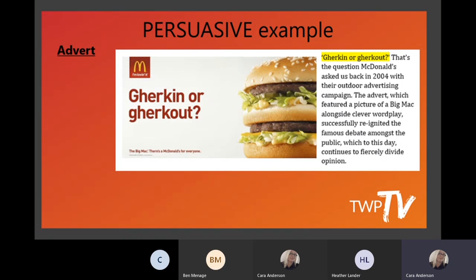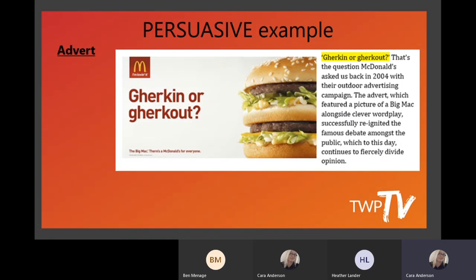They do a really good thing about advertising. I think it's under 500 or 600 calorie meals now. That's a really good way of advertising. So that slogan, saying there is a McDonald's for everyone, is spot on, because they obviously do vegetarian options as well.